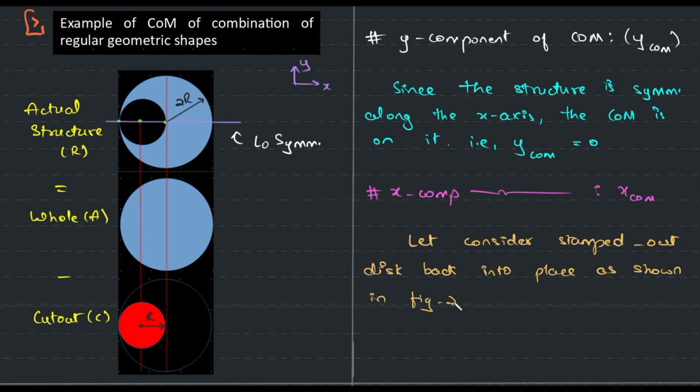Actually, this is a single figure, but okay, this is a figure. Now, XA center of mass will be equal to what? It's a full-fledged proper disk, so center of mass will be 0. While the cutout center of mass with respect to this coordinate system, this is 0, 0, is to the left. Remember, right is positive, so left is negative. It will be minus r. Do you guys agree? Quite simple.